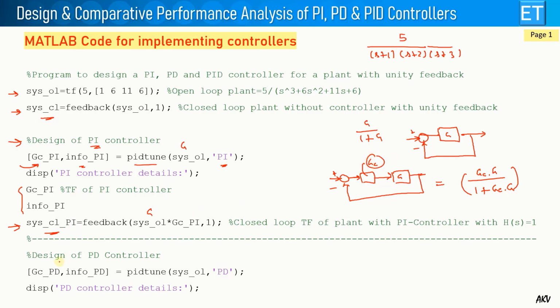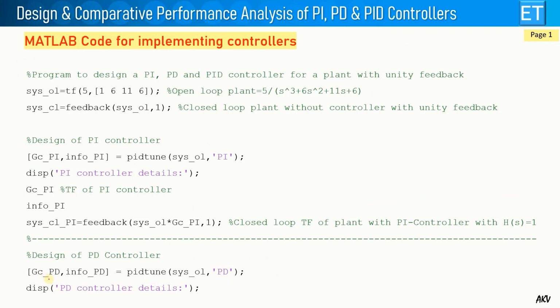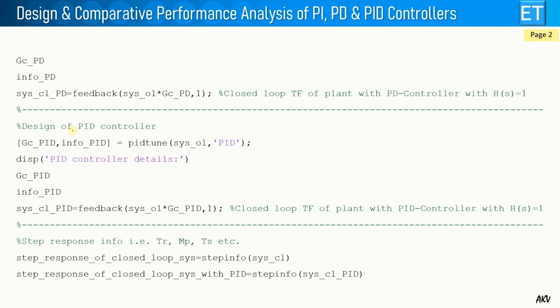And now here I'm designing the PD controller. Again, with the same PID tune function, system open loop, that is your G, and the type PD, I'm getting the transfer function in GCPD, and I'm doing the same action here. Again, I am getting the closed loop transfer function with the GC for the PD, and then I am designing the PID controller.